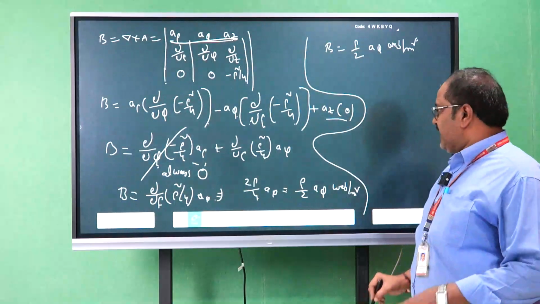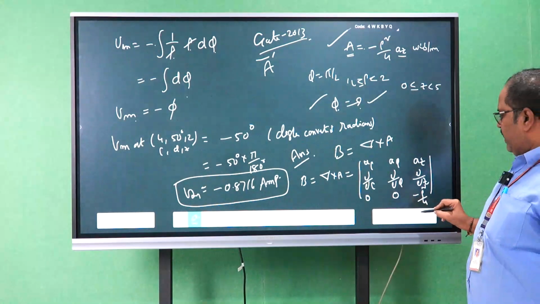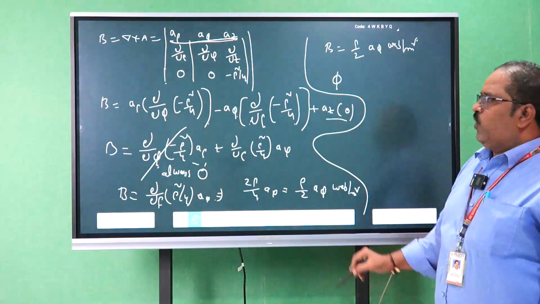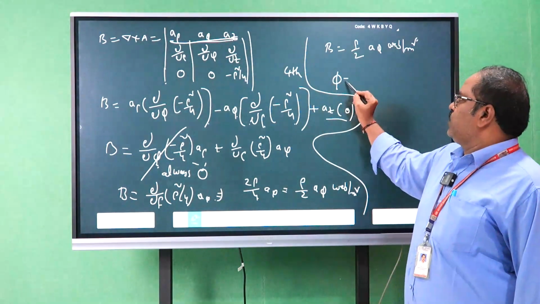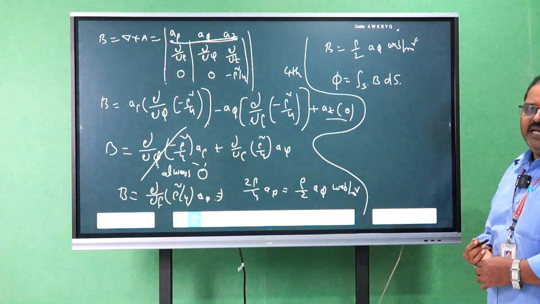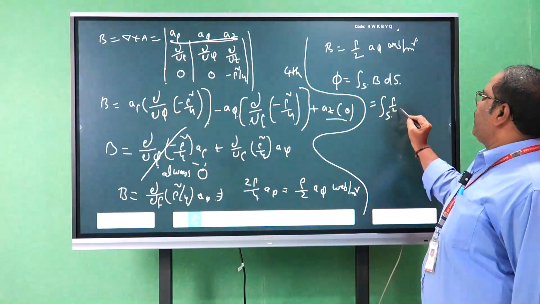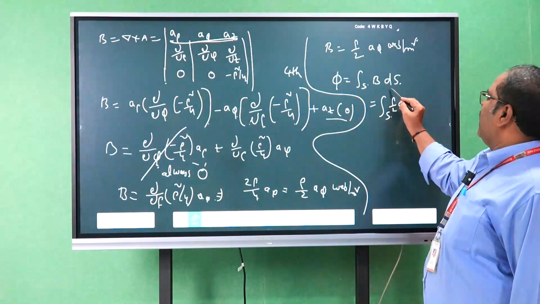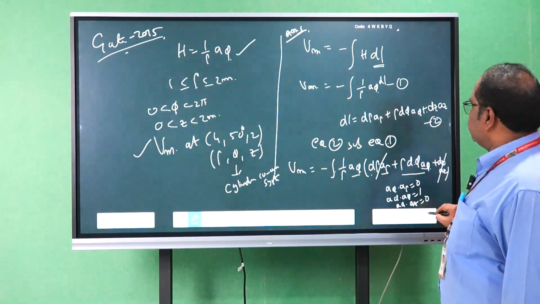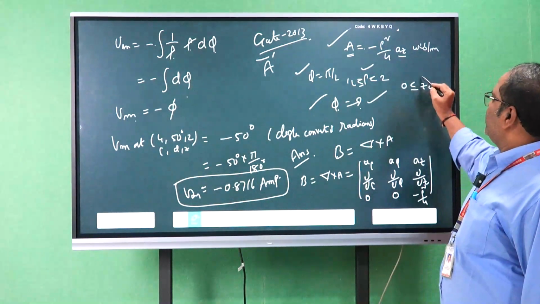First of all, you have to find out flux, phi. According to Maxwell's fourth equation, flux phi is equal to the surface integral of B dot dS. Surface integral B means rho by 2 A phi. What is dS? dS is the differential about phi, rho, z.